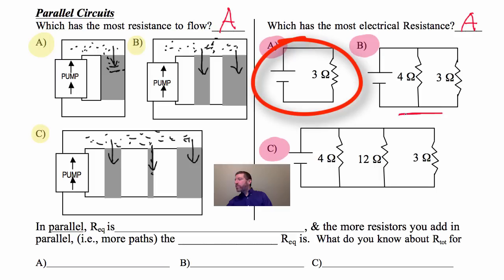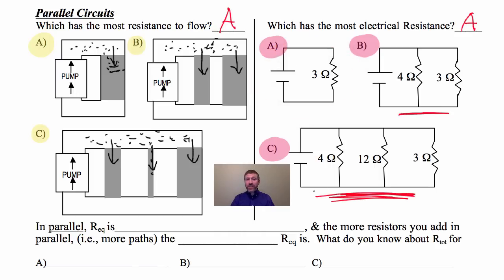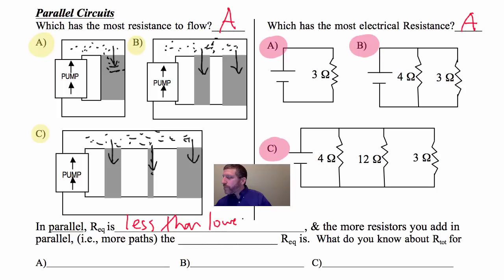You know that this one right here and this one right here have to have less resistance than 3 ohms. So we're going to have an equation for this that allows that to happen. In parallel, R equivalent is less than the lowest individual R.